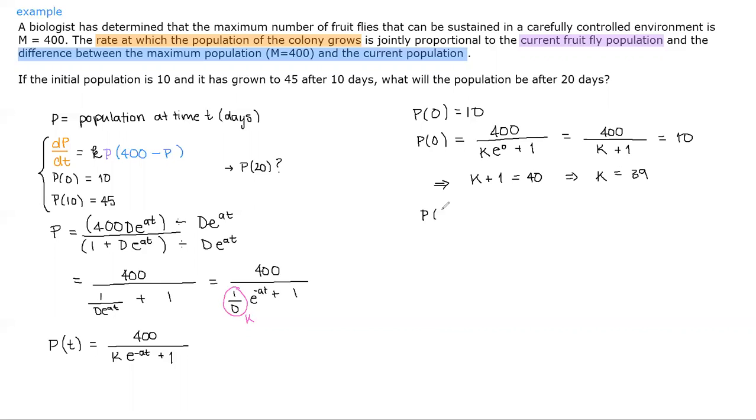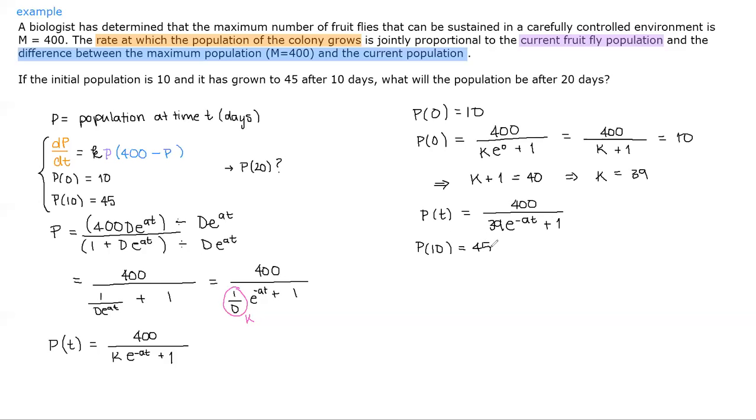And from here, I now get that P of t is equal to 400 divided by 39 e to the minus a t plus 1. And I now have also that P of 10 is equal to 45.